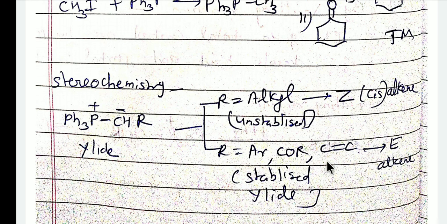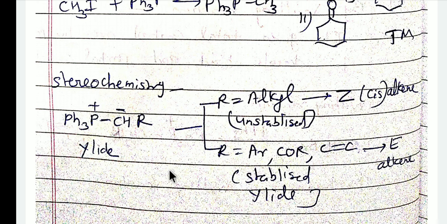So by the Wittig reaction, we can easily prepare either the Z alkene or the E alkene by changing the value of R. If R is an alkyl group, then the Z alkene is prepared, and when R becomes an Ar group, CO group, COR group, or C=C group, then the E alkene is prepared.